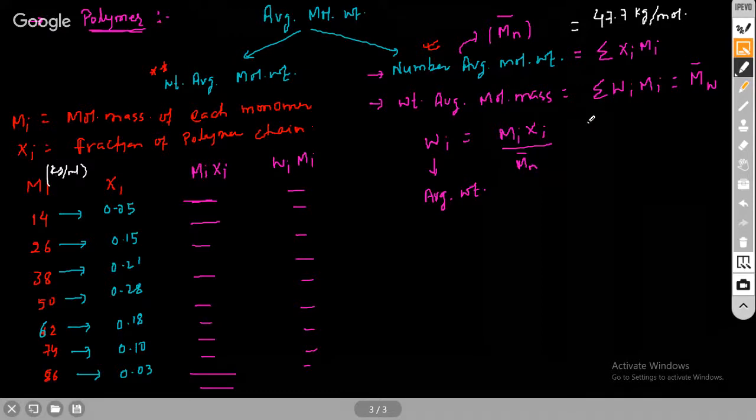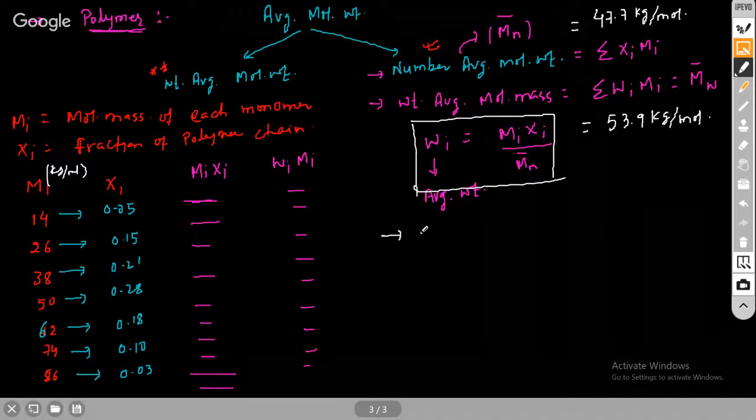And you solve this, the weight average molecular mass, you will get 53.9 kg per mole. Only you have to keep this formula in mind. Remember, wi you have to calculate by this formula, right? Average weight. Now, in this, there are two more terms that are used for us. That is polydispersity.